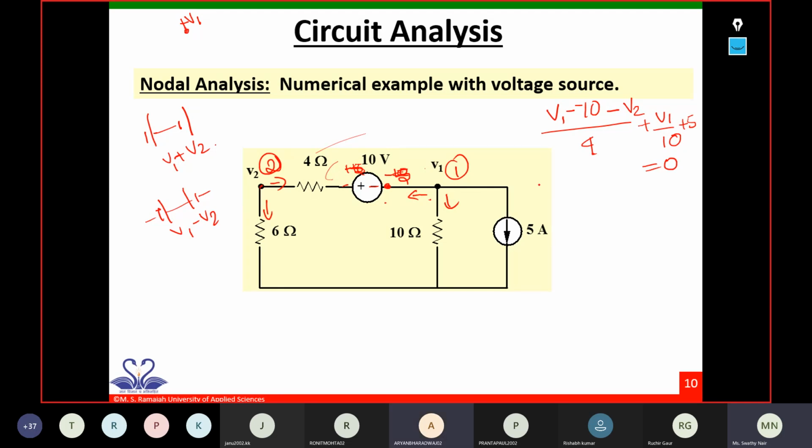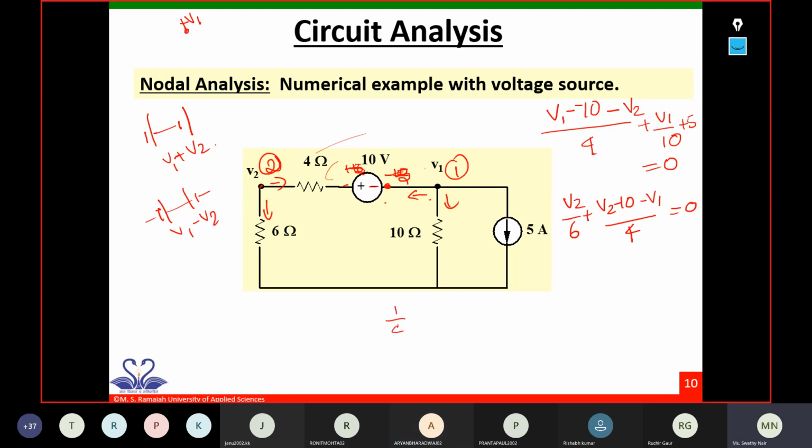Okay, ma'am. Got my point? Okay. Now second equation you tell: V2 by 6, plus V2 minus 10 minus V1 by 4, is equal to 0. Okay. Now solve this one.